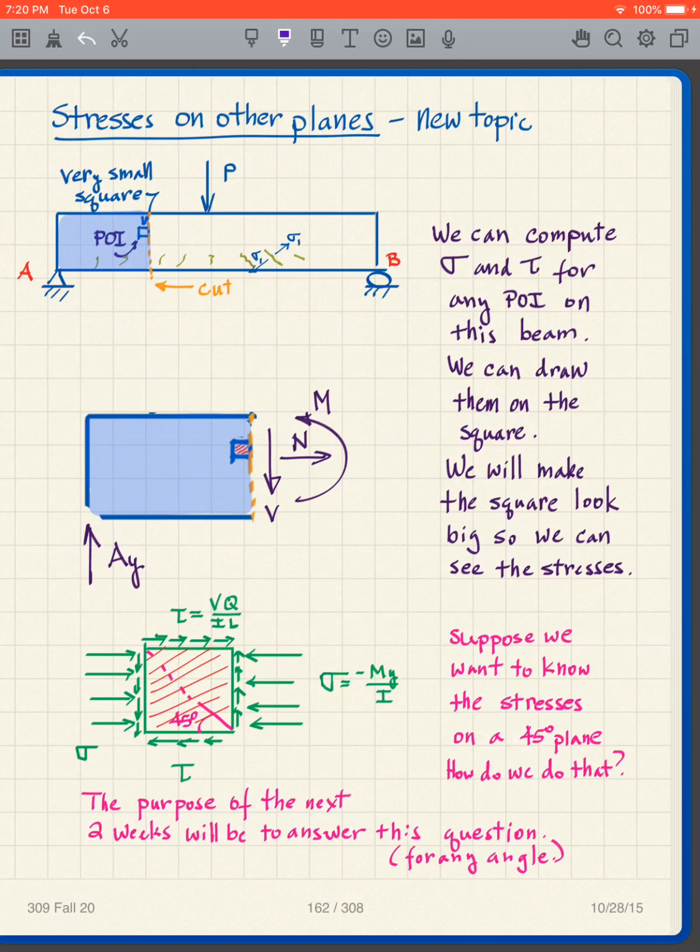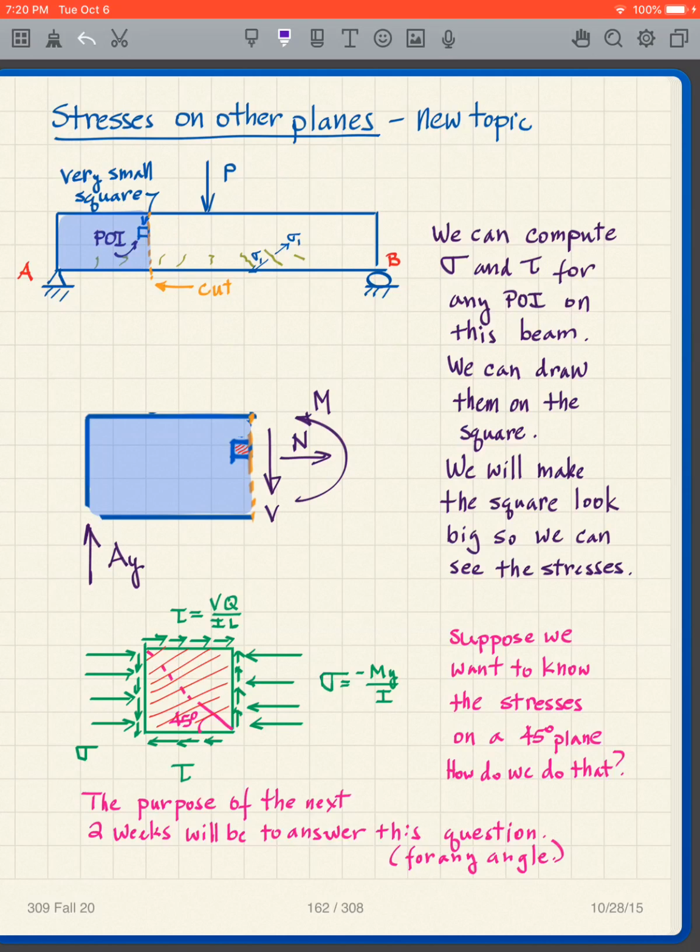And you have to remember that that square is really a point. So it's tiny. Obviously it's meaningless for me to draw a really tiny square because you can't see it. So I have to make the square bigger, but do not forget that when I draw a square, it is actually a point. Very small square.